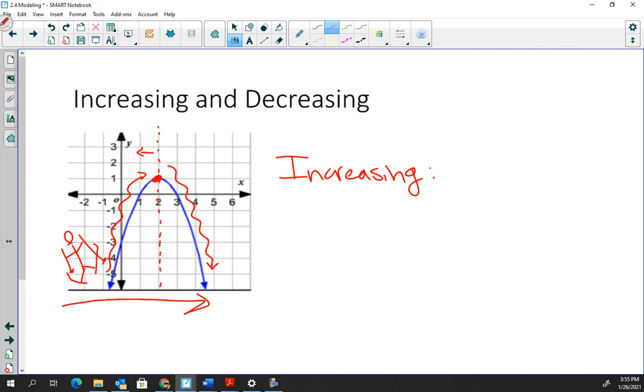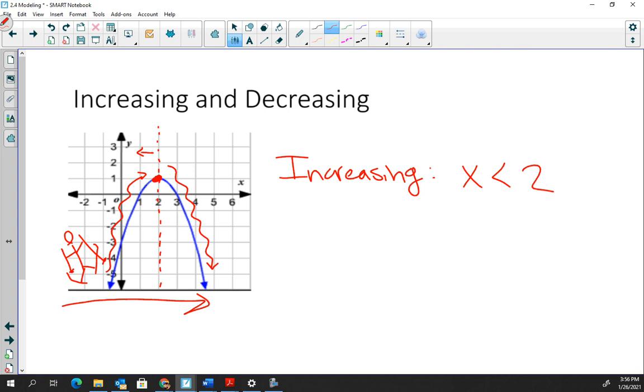If I go to the left of my vertex, that's where I'm climbing up the mountain. So that's all of the x values that are less than 2. Everything to the left of 2, that's where I'm increasing.